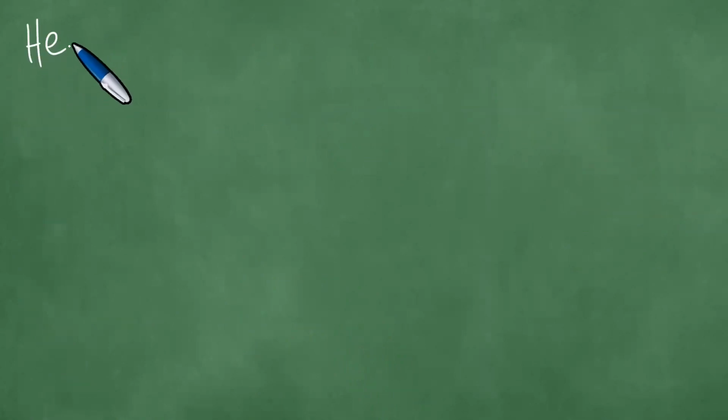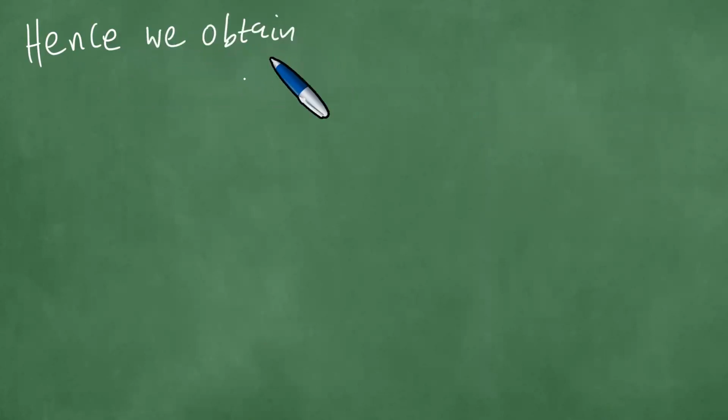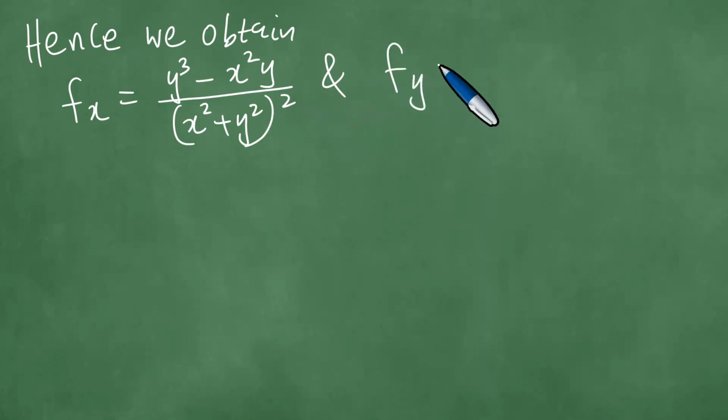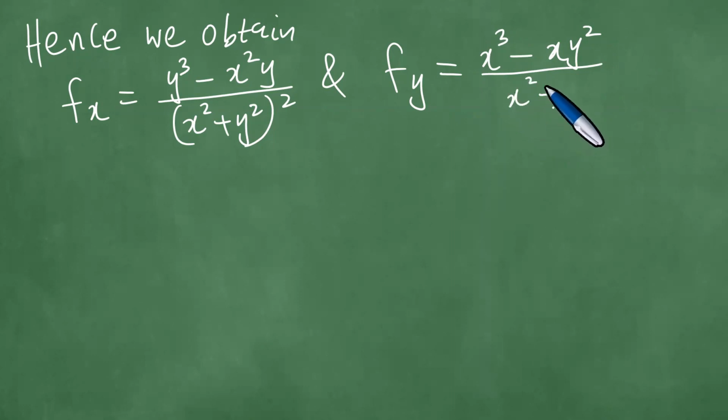Hence we obtain f sub x, y cubed minus x squared y, divided by x squared plus y squared, and f sub y, x cubed minus xy squared, divided by x squared plus y squared.